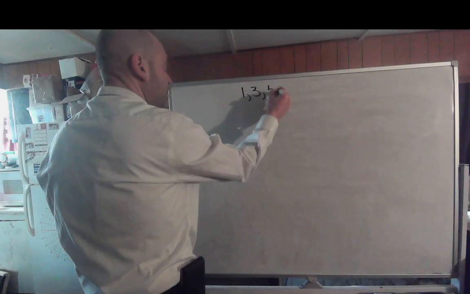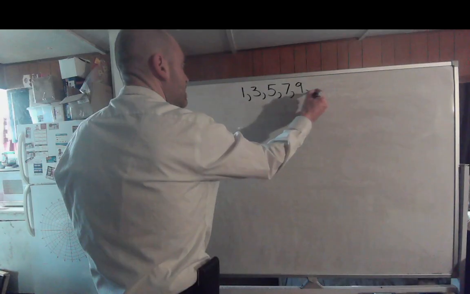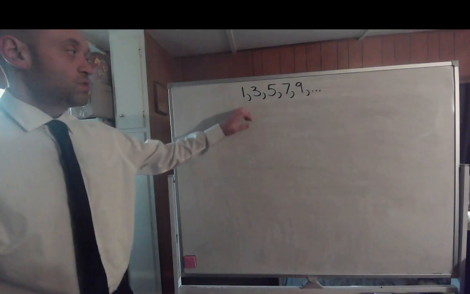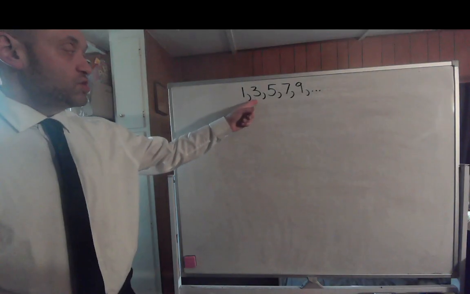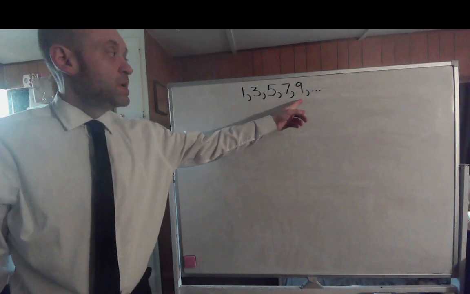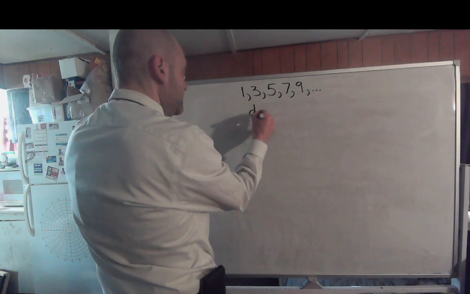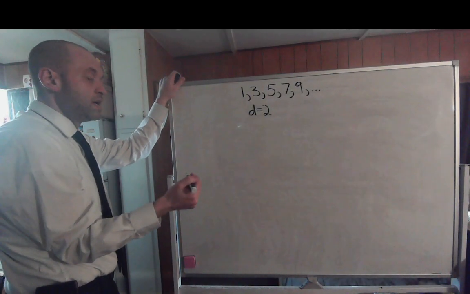We have 1, 3, 5, 7, and 9. Well, is it an arithmetic sequence? Let's look at this. 1, 3, 5, 7, 9, and it keeps on going. Notice between each of the numbers, it has a common difference of 2, right? So that makes it an arithmetic sequence because it has a common difference between each of the terms.